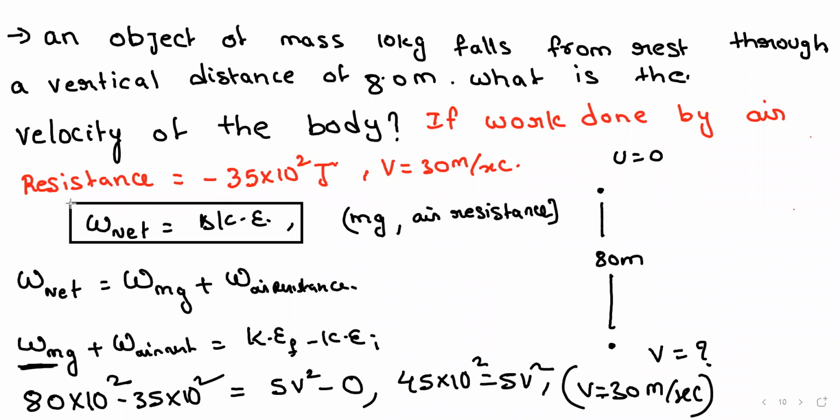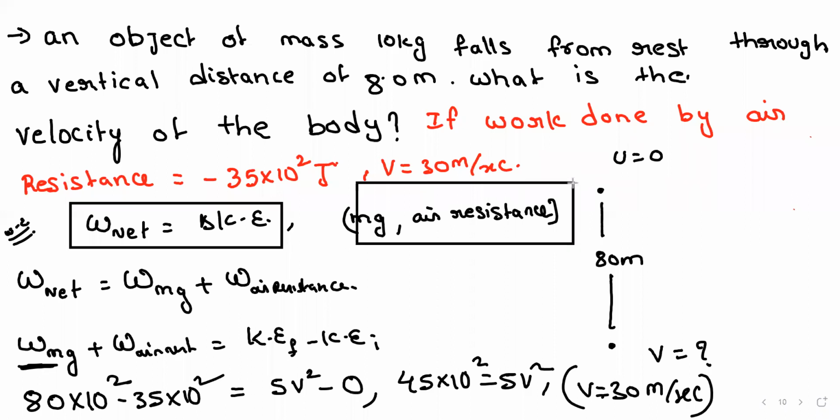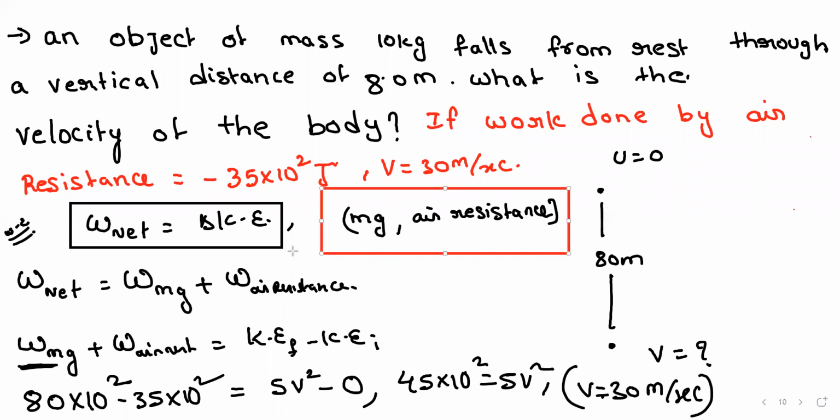Yes, sir. What is this theorem? Work energy theorem. Very good. So how many forces are acting on the body? Two forces, right? Weight and air resistance act on the body.